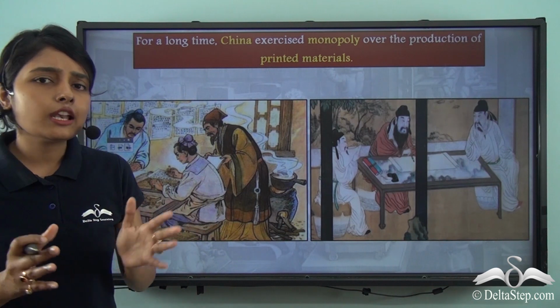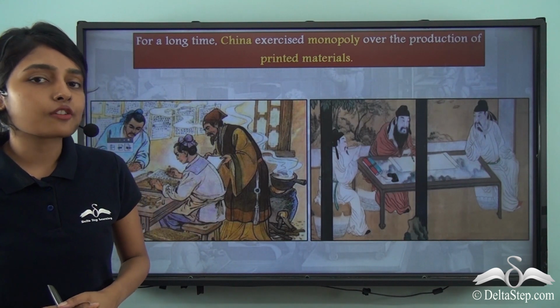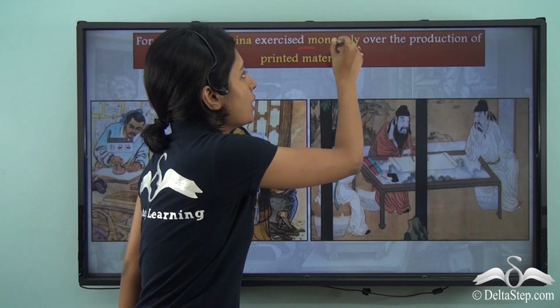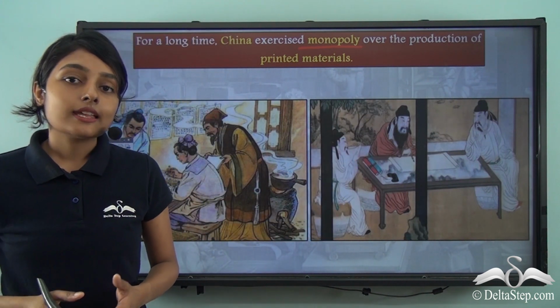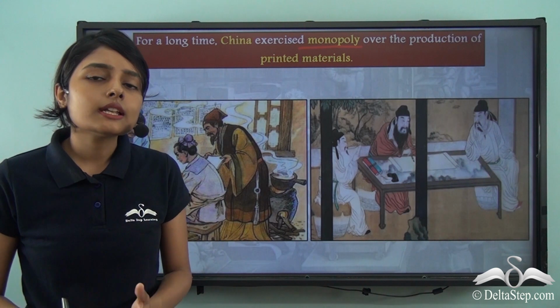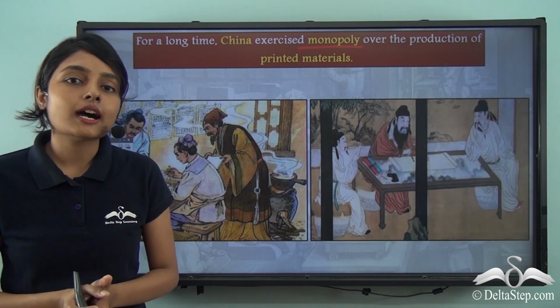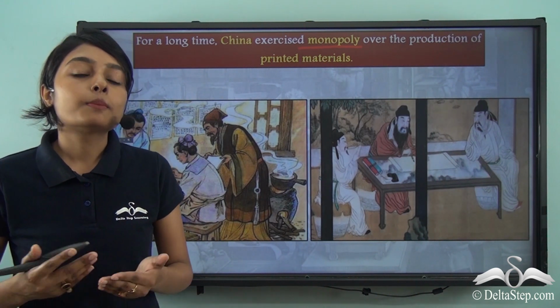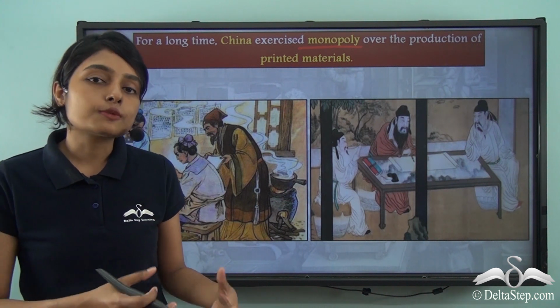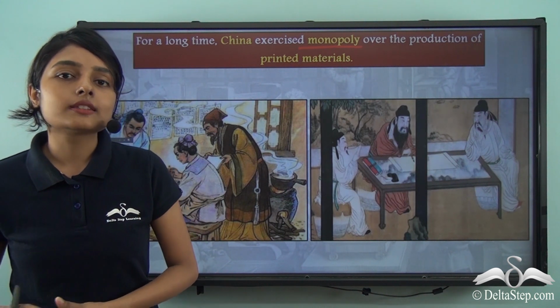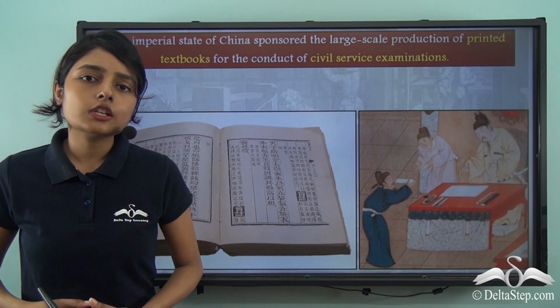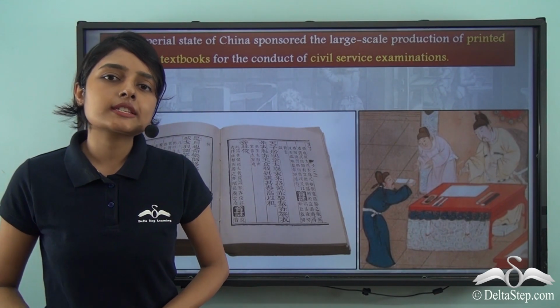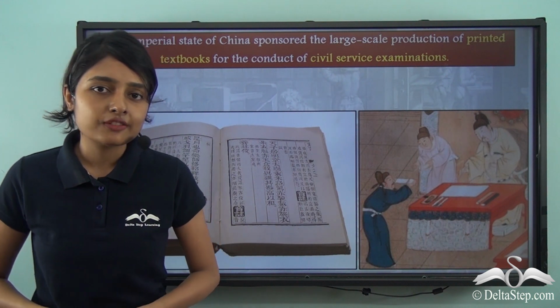Likewise, for a very long time, the imperial state of China exercised monopoly over the production of printed materials. That is to say, it was only the imperial state of China that was producing printed materials through woodblock printing and few other techniques.